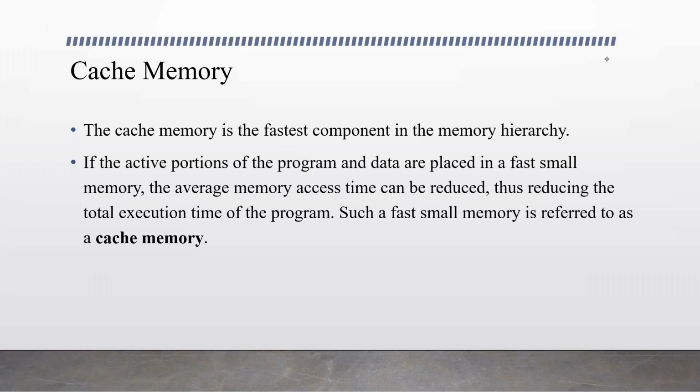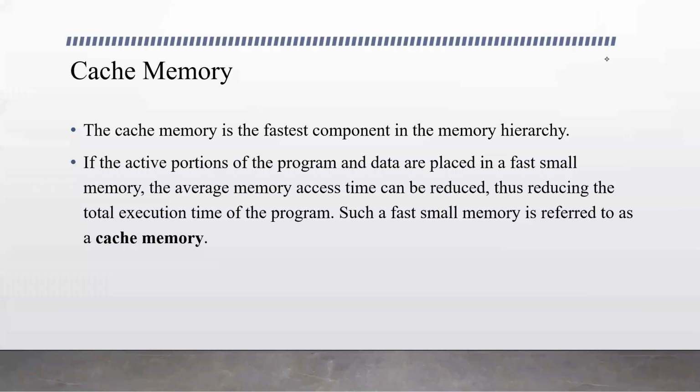If these active portions, such as loops and the repeated parts of the program and the data, are placed in a fast memory, this reduces the access time. The average memory access time can be reduced, thus reducing the total execution time of the program.